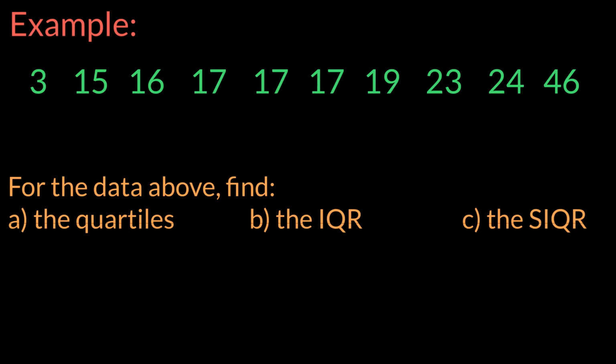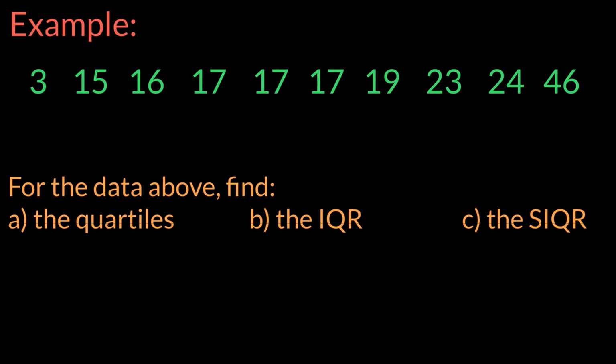For this example, we're going to find the three quartiles, so Q1, Q2 and Q3, the interquartile range and the semi-interquartile range. We have 10 numbers here, so our median is going to be in between our 5th and 6th number. So 1, 2, 3, 4, 5, and it's going to be in between this 17 and 17 here.